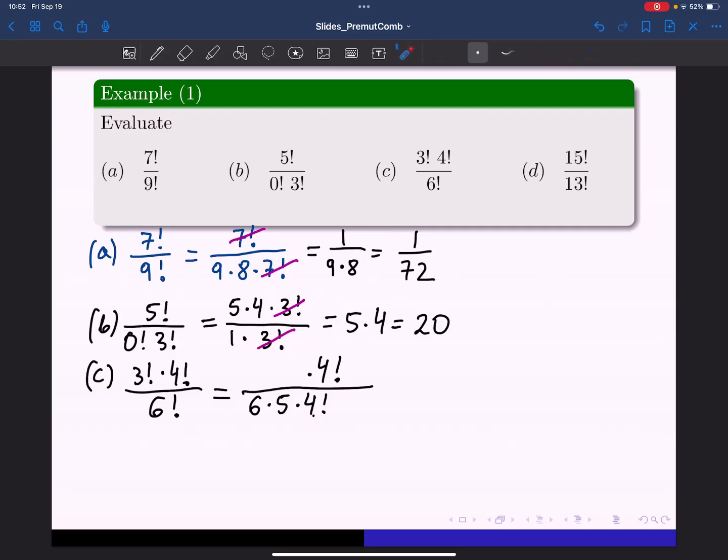But then the 3 factorial, we can work it out: 3, 2, and 1, right? So we have 3 times 2 times 1. And everywhere is multiplication, so we can cancel 4 factorial. And also 3 times 2 is 6, which can be cancelled with the 6 on the bottom, the whole 6 divided by 6. And what I am left with is only 1 over 5.